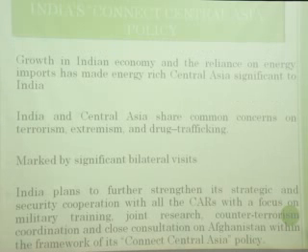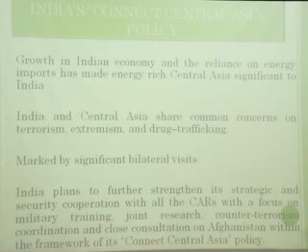Now, looking into India's Central Asian policy, what is called the Connect Central Asia policy: the growth in the Indian economy and the reliance on energy imports, much like China, means India's interest coincides with that of China, because its economy has also been showing considerably sustained growth, and it has been increasingly relying on energy imports. This has made the energy-rich Central Asia significant in the strategy of India.